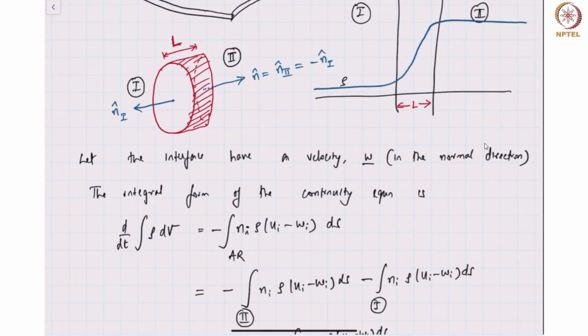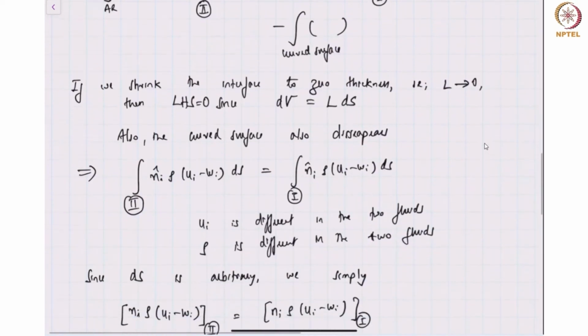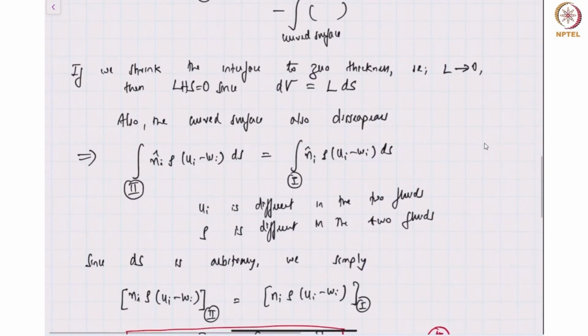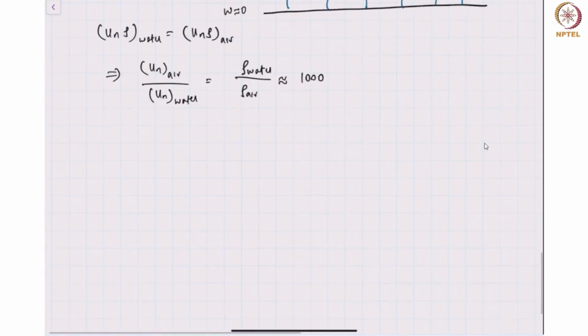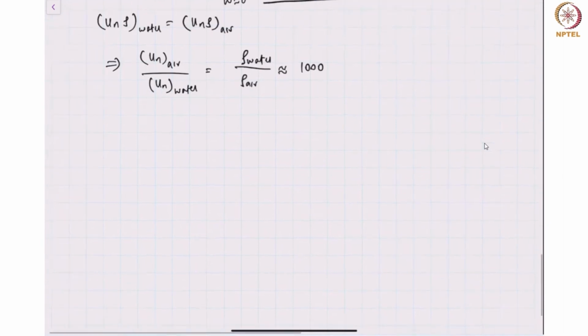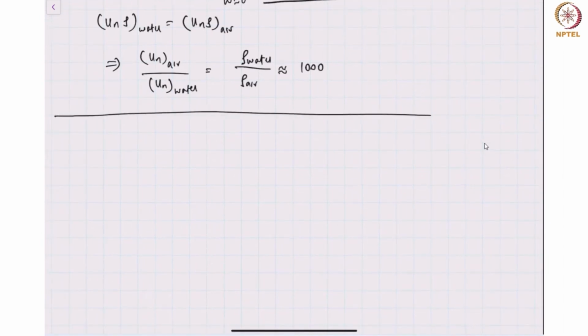Now we will start with the integral form of the momentum equation and derive jump conditions at the interface for quantities such as stresses. Okay, so we'll start with the next part, which is jump conditions at an interface. And we'll use the momentum equation.